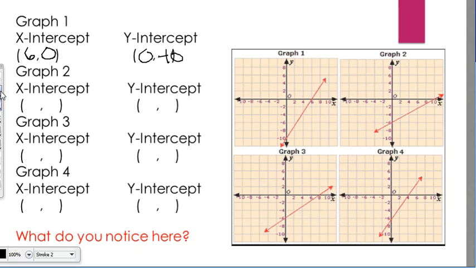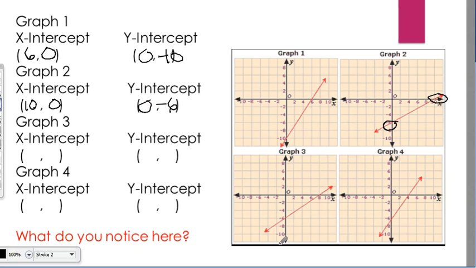Let's look at graph number 2. We can see this line is going up and to the right, and we can see that the x-intercept is to the right 10, up or down 0. That's the x-intercept. And we can see that the y-intercept is at 0, negative 6.